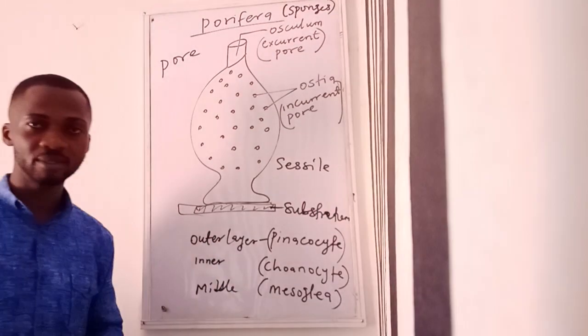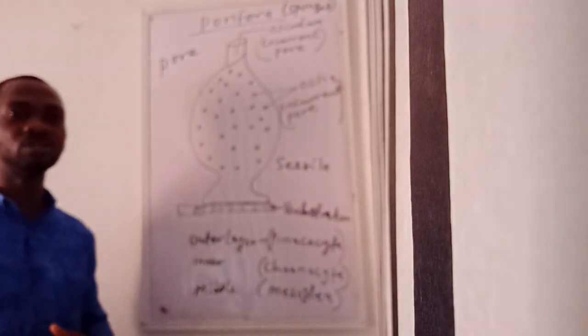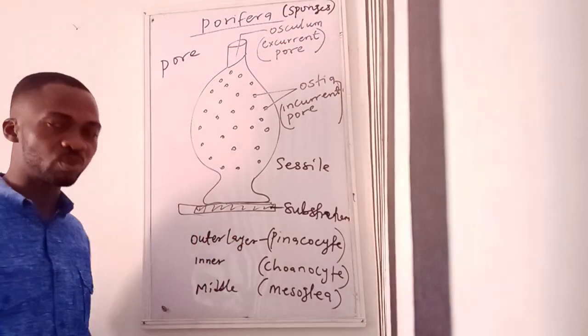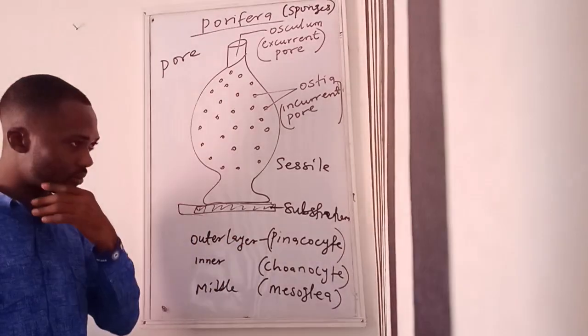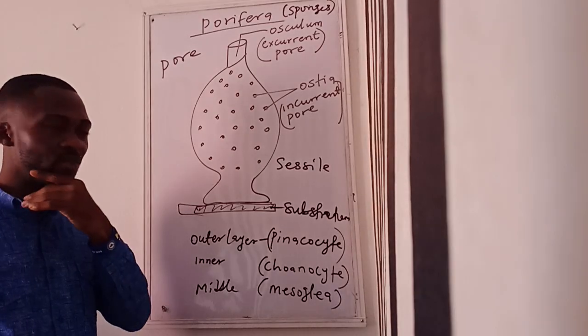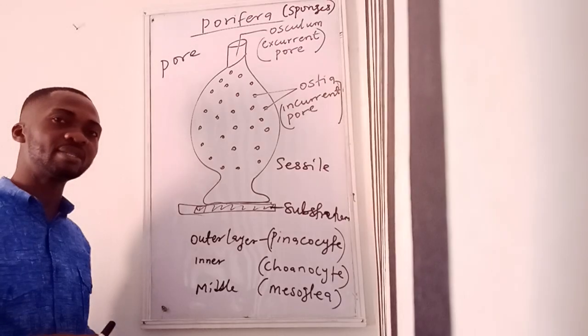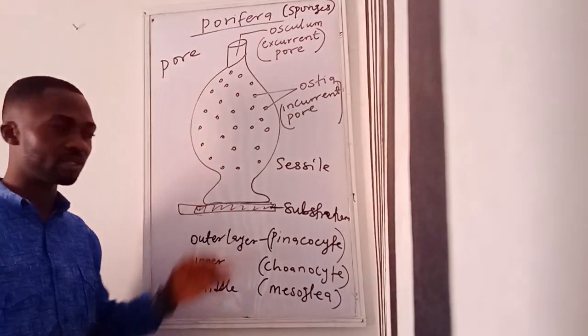Before I talk about the body layers, let's talk about the reproduction in this organism. This organism can reproduce both sexually and asexually. The sexual reproduction occurs through the release of sperm, which fertilizes the egg within the body of the organism.